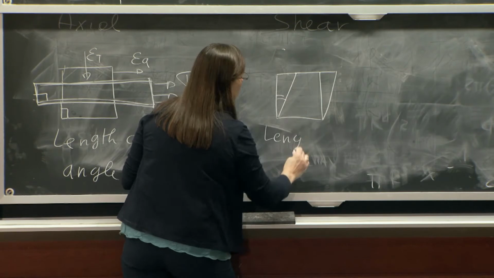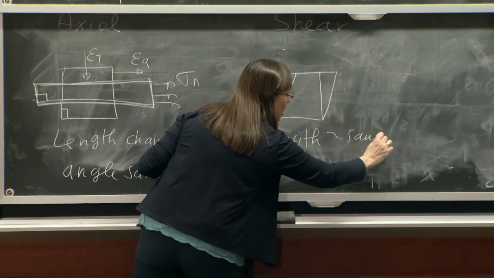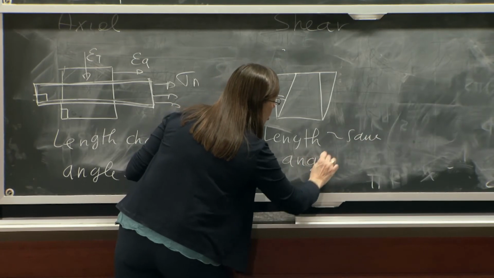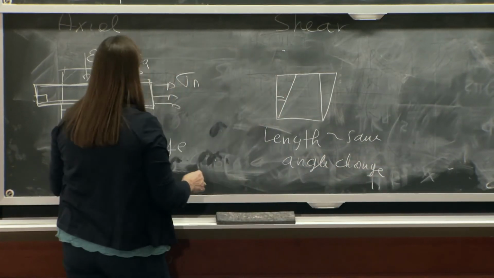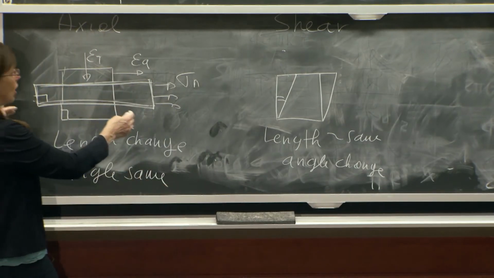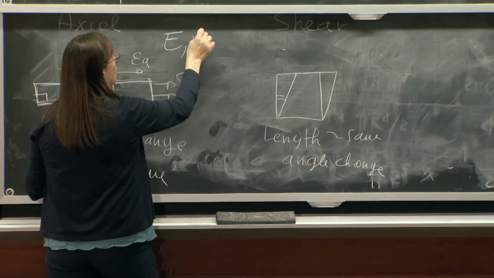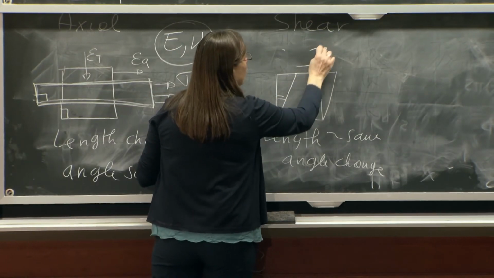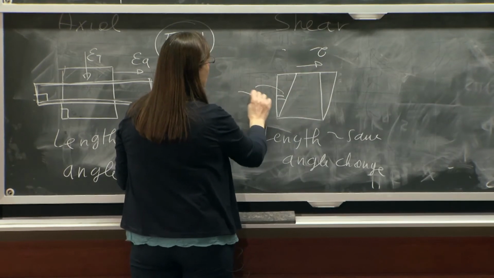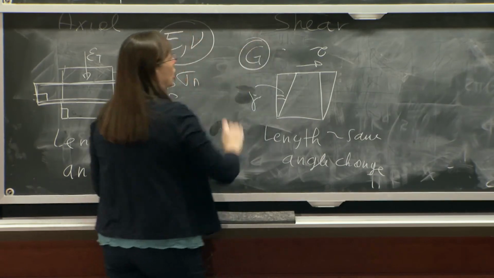So in shear, the length stayed the same, but the angle changed. And we said, OK, how much stress I put is connected to the strain by two properties, E and nu. And in this case, the shear stress that I give is connected to the shear strain by another property, G.